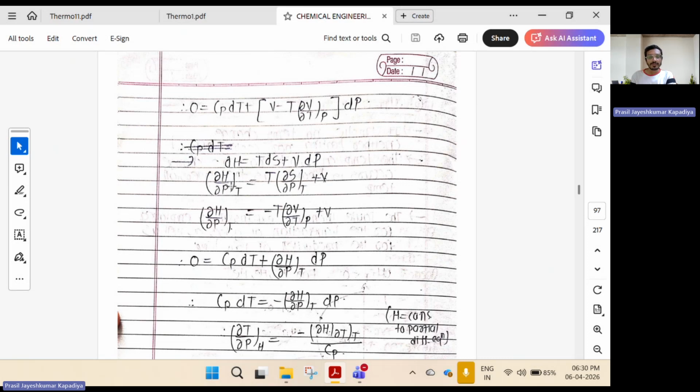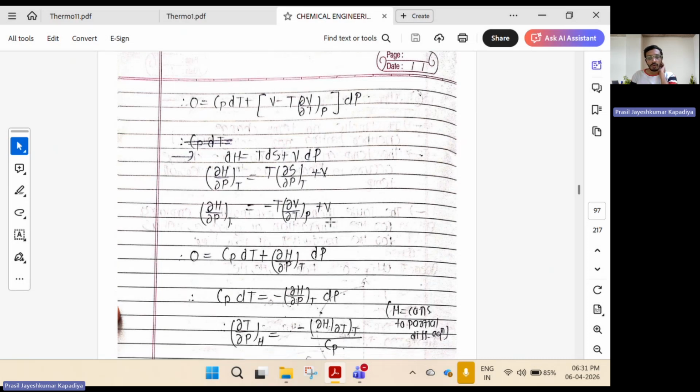So del H by del P at constant temperature equals T del S by del P at constant temperature plus V, since dP is 1. From the Maxwell relation, we know that del S by del P at constant temperature is equal to minus del V by del T at constant pressure. So it is going to be V minus T del V by del T at constant pressure. So what can I do?